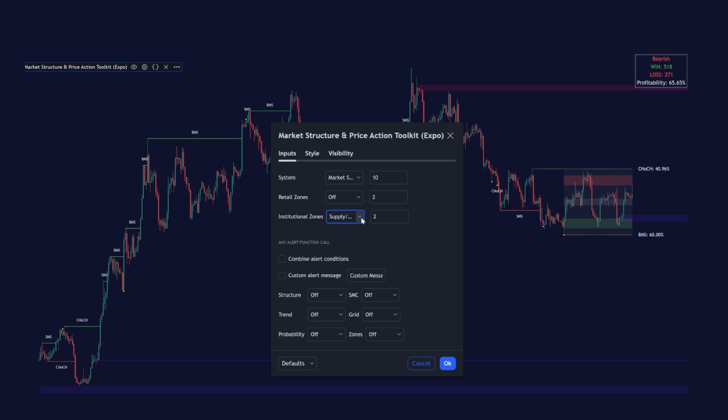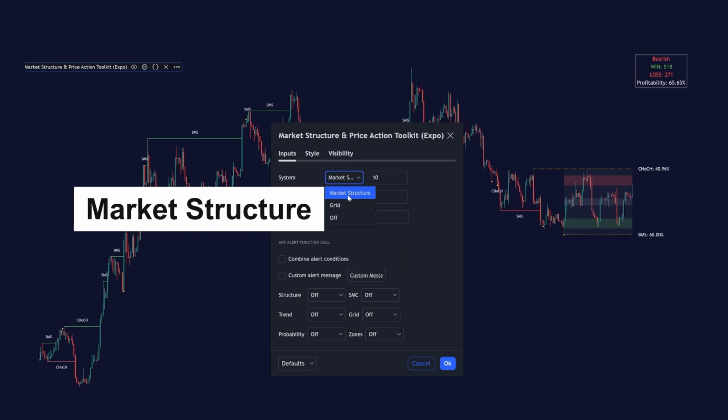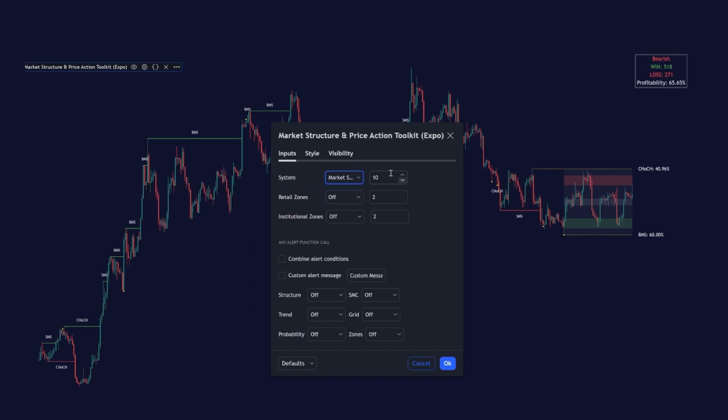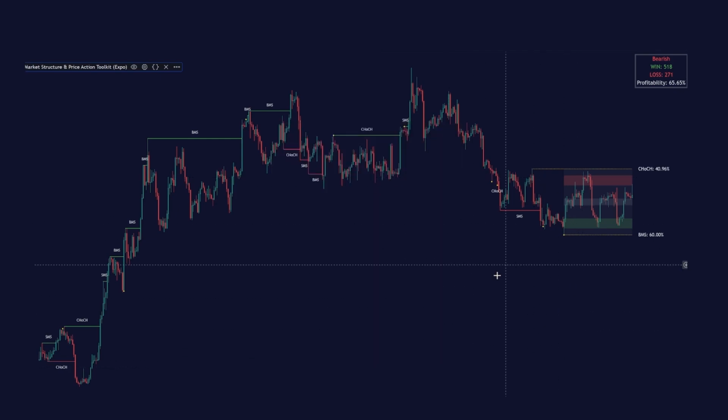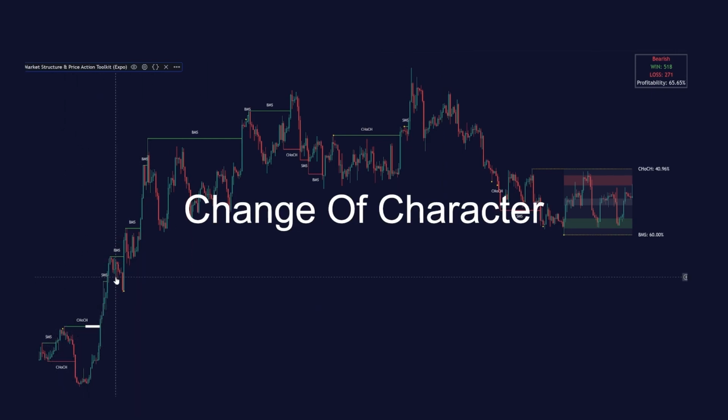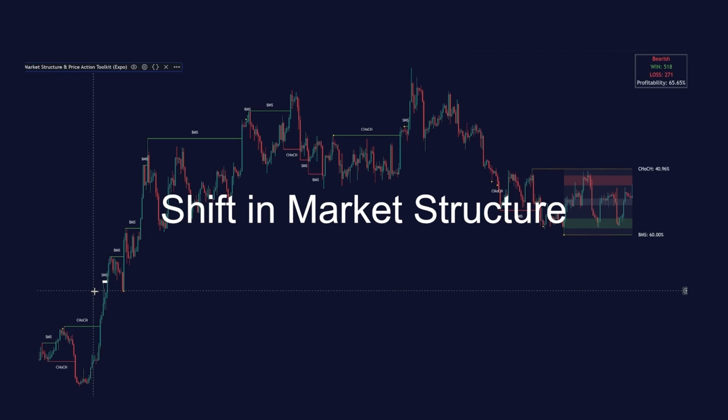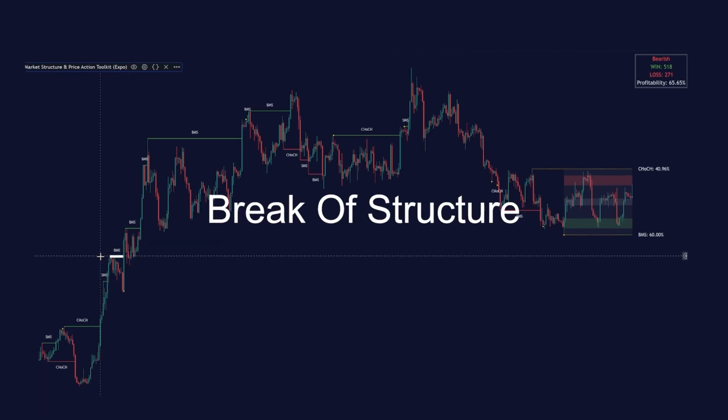Okay. Let's look at the systems. So I have selected the market structure system and I recommend you leave the sensitivity at default when you're using the market structure. And this market structure is based on fractals, and you have the change of character, you have the shift in market structure, and you have the break of structure.